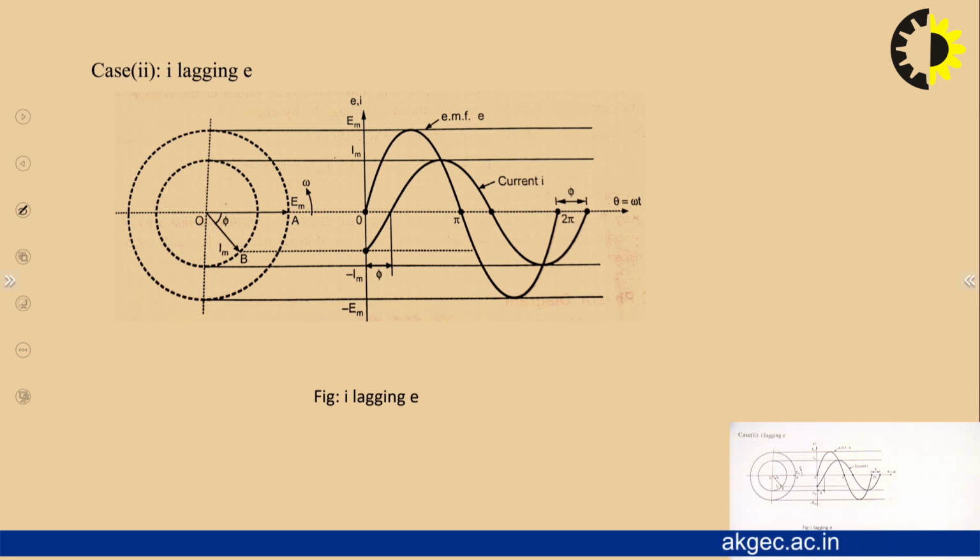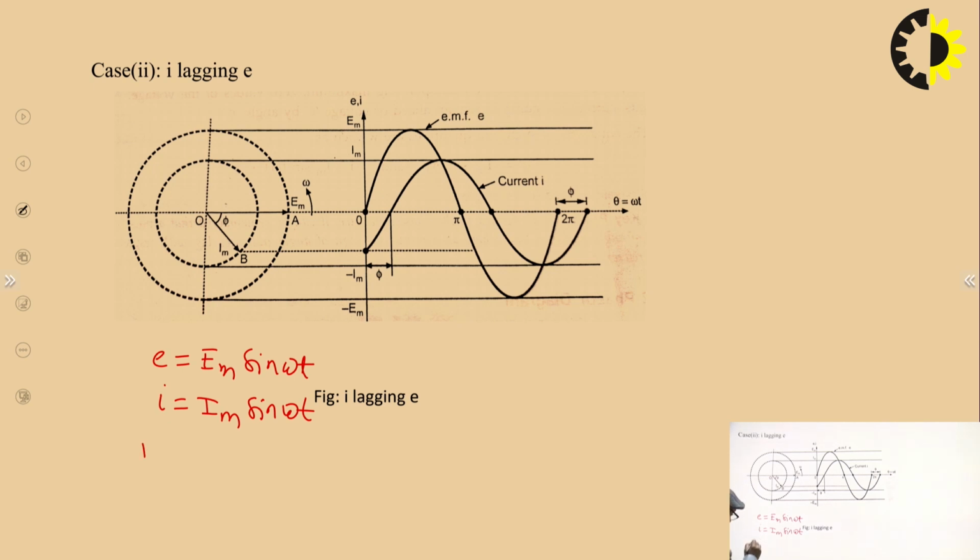Suppose in our case we have taken E equal to EM sin omega t and I equal to IM sin omega t, and EM was greater than IM. So how can we represent them when they are not in phase, or in other words, when I is lagging E?